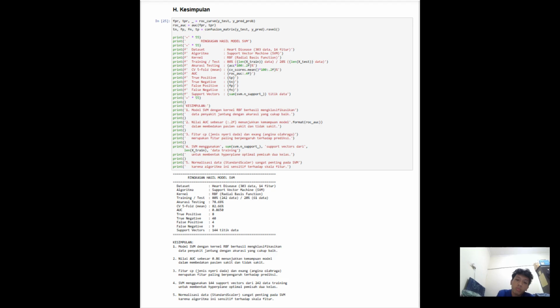The SVM uses 1044 support vectors from the 2042 training data to form the optimal hyperplane separating the two classes. In data normalization, the standard scaler is very important in SVM because this algorithm is sensitive to feature scaling. And that's all from me. Thanks for watching.